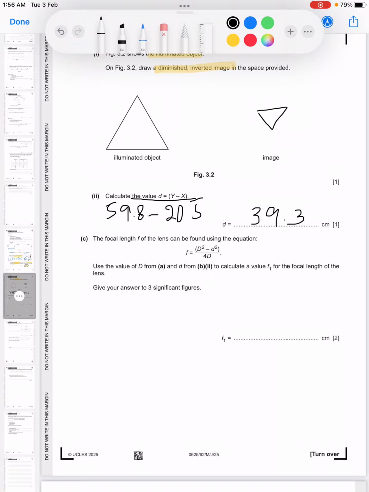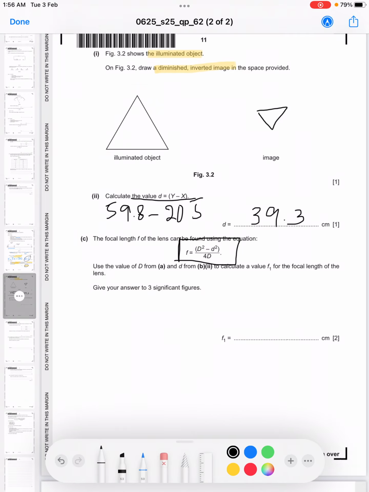The focal length f of the lens can be found by using this equation, right? Use the value of D from part A and small d from part B. I think I should use another color.